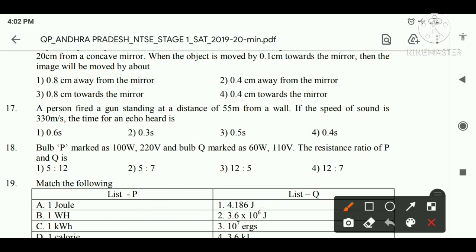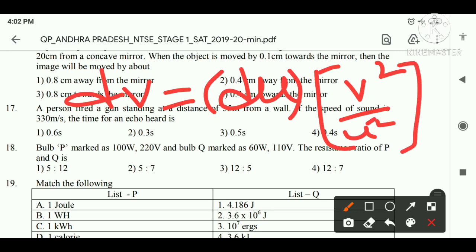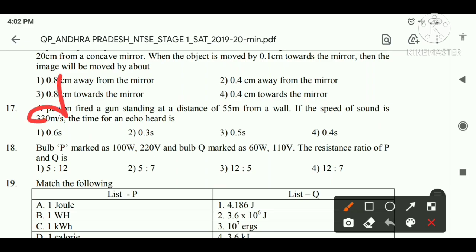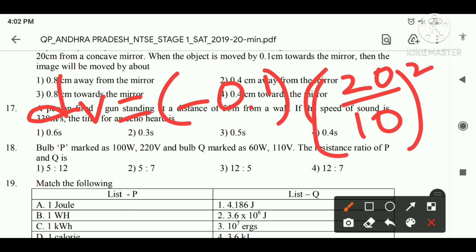Okay, so now let's write down dv is equal to du, in bracket you write v square divided by u square. Okay, close the bracket. dv is equal to, put the value 0.1 towards the mirror, to take as minus, into bracket, write 20 divided by 10 whole square, because it is on the left side of the mirror, so you have to take minus sign.